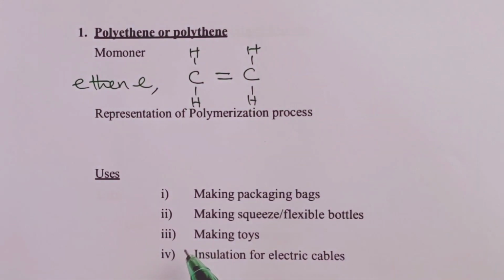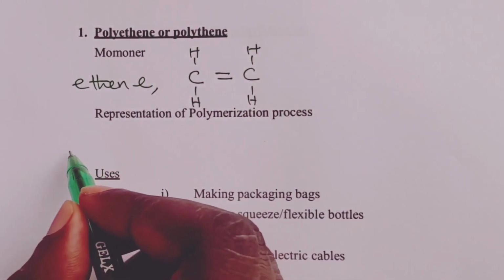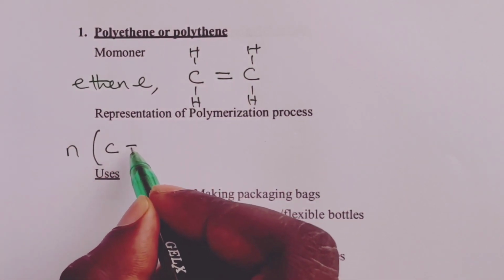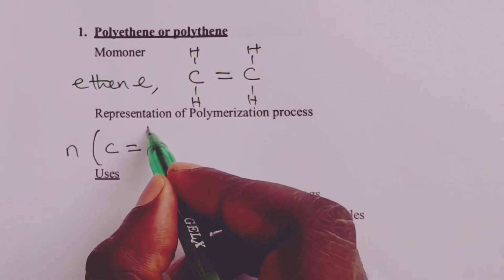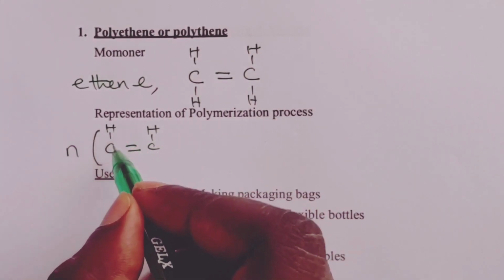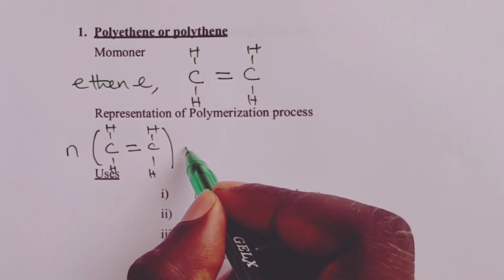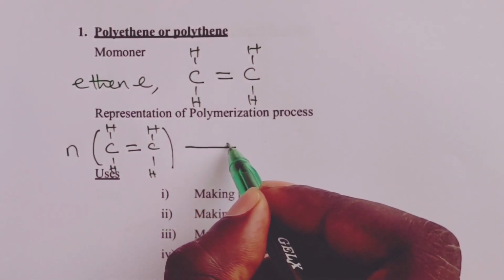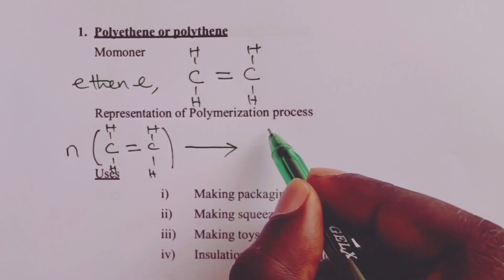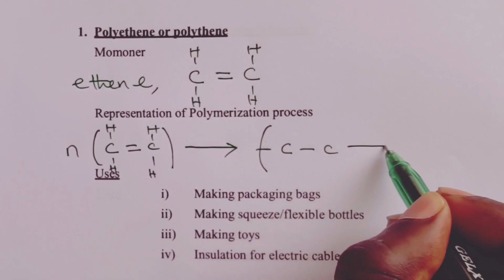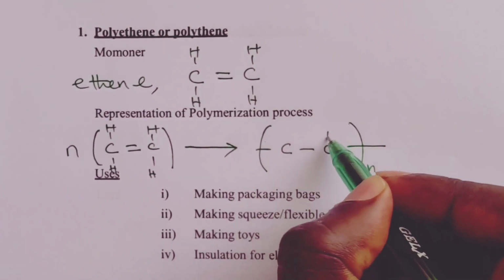So how do we represent the polymerization process? We need N molecules of our monomer, where N here means many or millions of these molecules. So we subject them to high temperature and high pressure, and we end up forming a long chain of polymer.